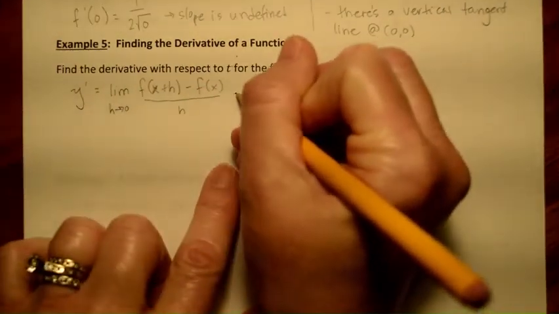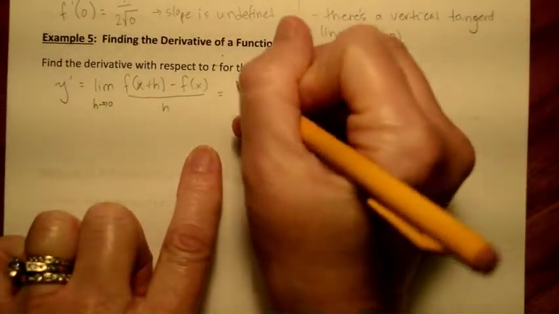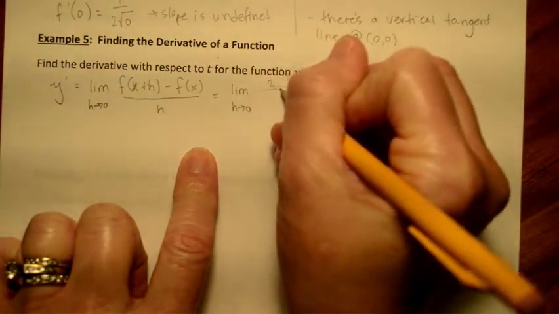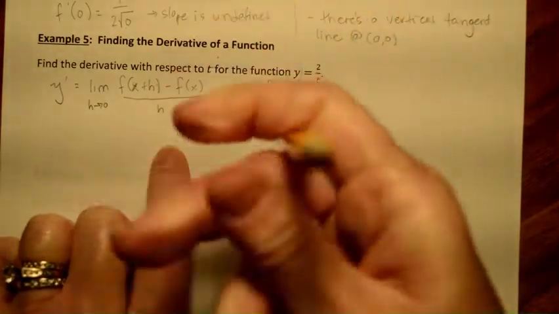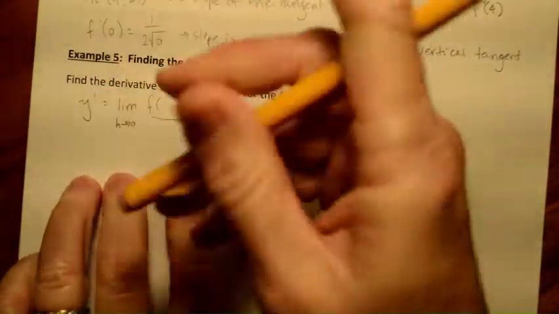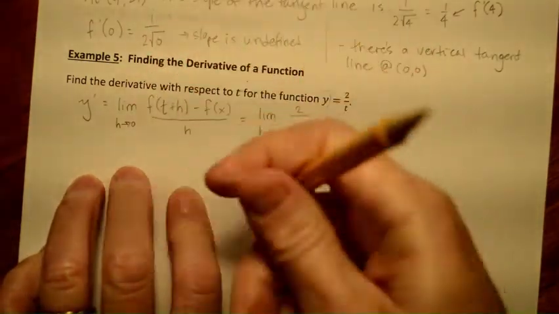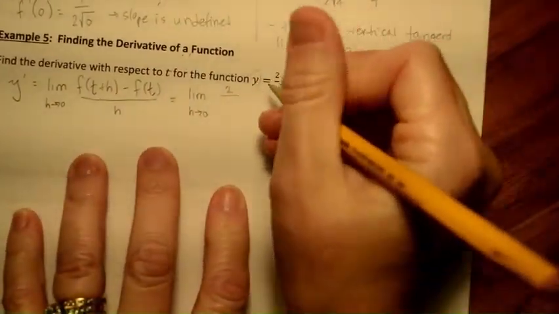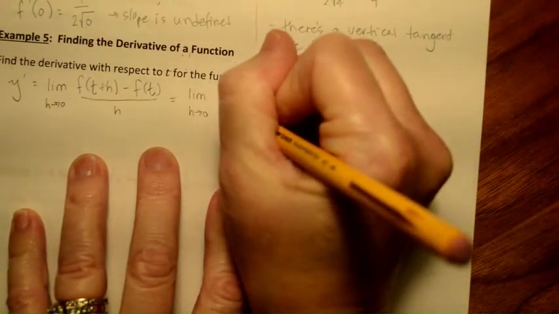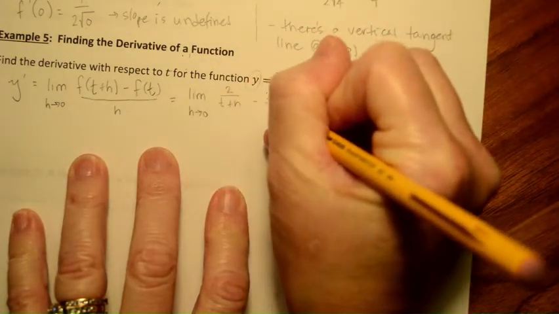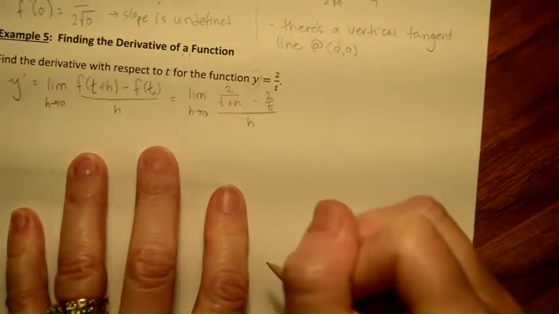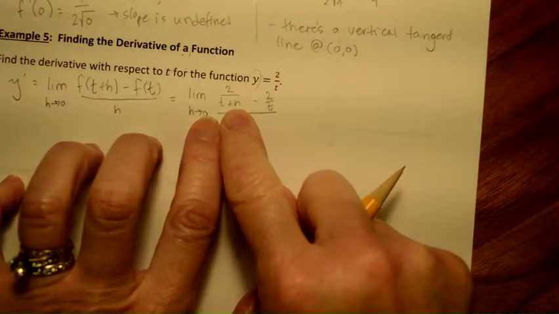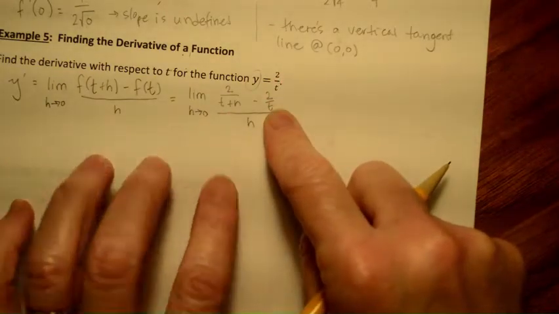So that's just the definition, and specific to our function, we're going to say that that's the limit as h approaches 0 of 2 over, I guess here we should go back and call this t, sorry. Okay, so in this case we're going to call it 2 over t plus h minus 2 over t all over h. All right, so again, I just replace t with t plus h in this first part of the numerator, and then I just leave it alone in the second part.